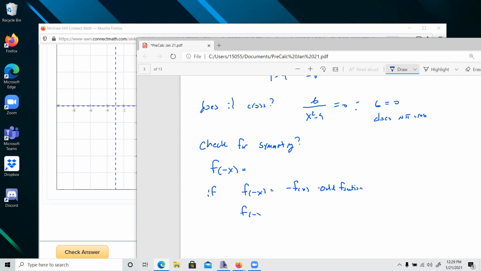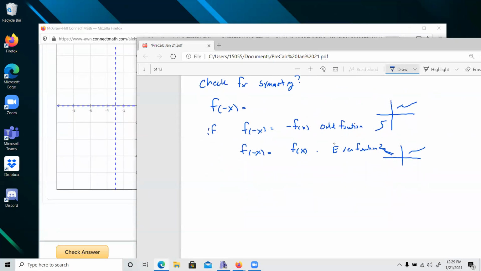If f of negative x is equal to f of x, then we have an even function. So odd functions have the property of whatever goes on up here is going on down there. Even functions are kind of like looking in a mirror. If you have something over here, you got the same thing over there.